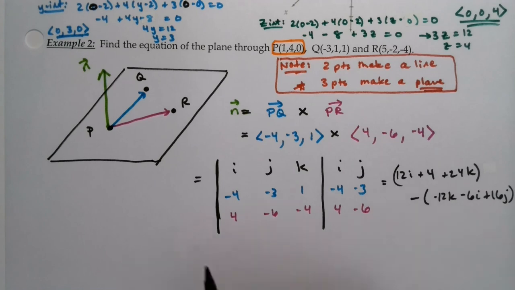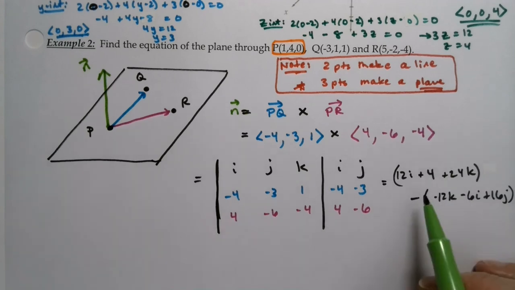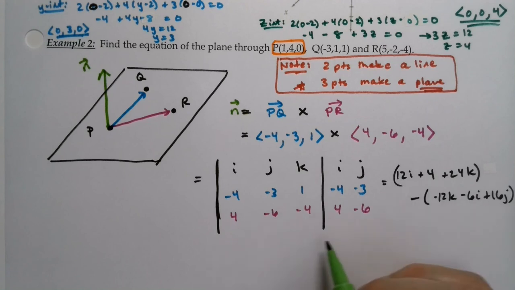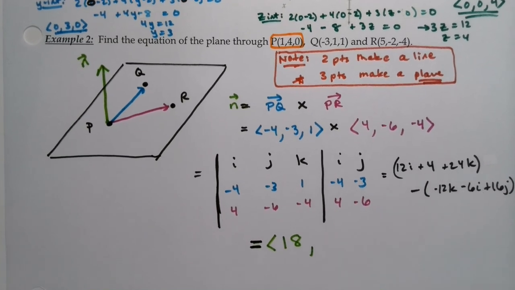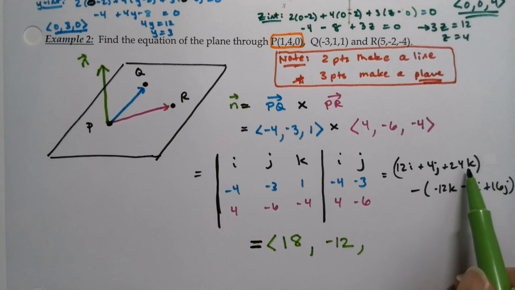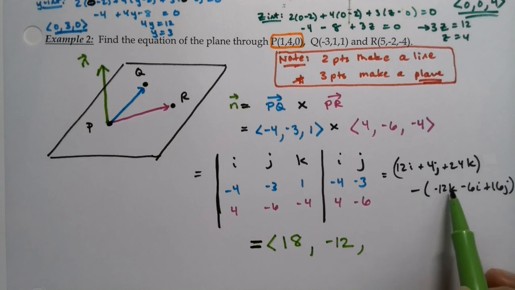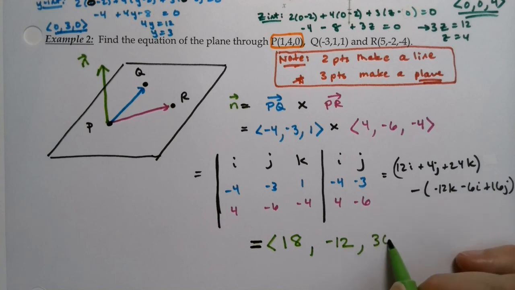All right, so that means that my normal vector n, which I'm finding right here, is equal to, let's see, 12 minus 6 is 18. And then, let's see, I lost my j. That was a j right there. All right, so negative 16j and plus 4j, so that's negative 12. And then 24 minus a minus 12, which is 24 plus 12, which is 36.